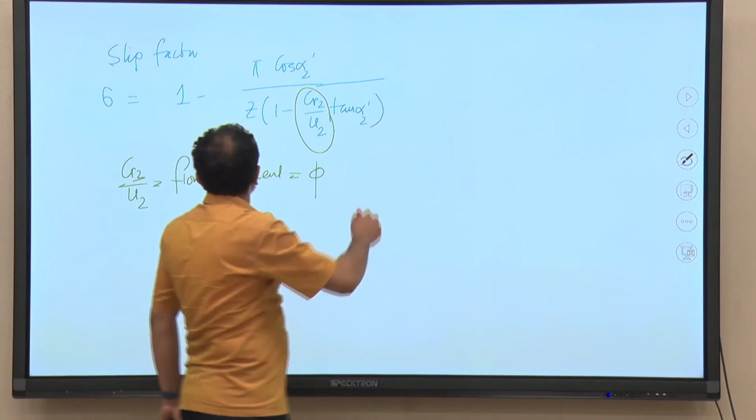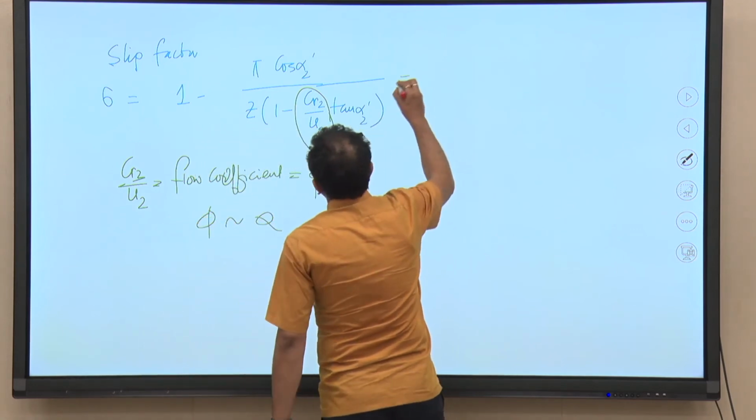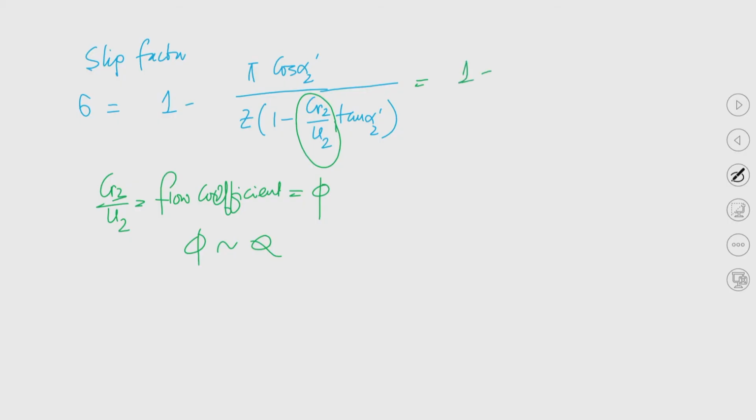Now, if we try to write it, then it is coming 1 minus pi cos alpha 2 prime divided by z into 1 minus phi tan alpha 2 prime. Okay. So, you see, this is the slip coefficient, you can understand, right.